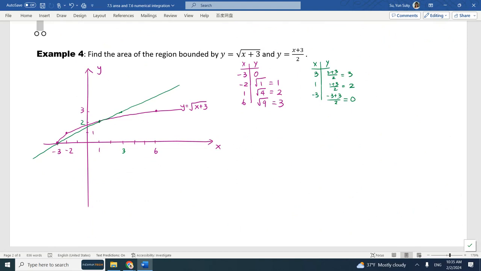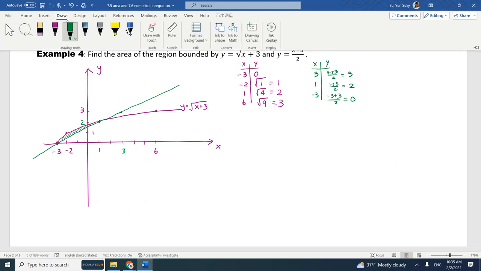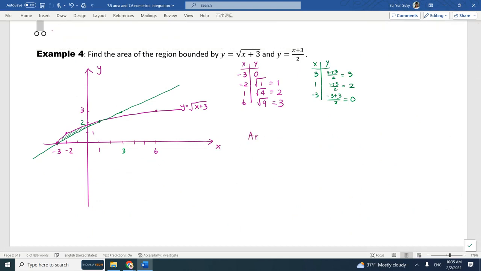Okay. Now we want to find the area between them. So area, x goes from where to where? Negative 3 to 1, yes. Who's the upper function?